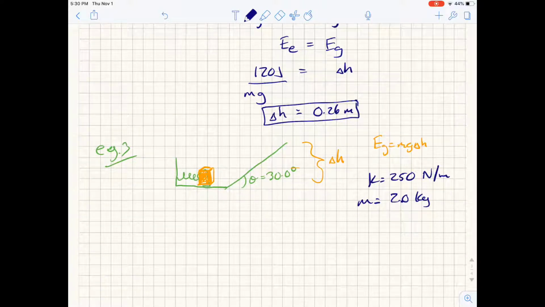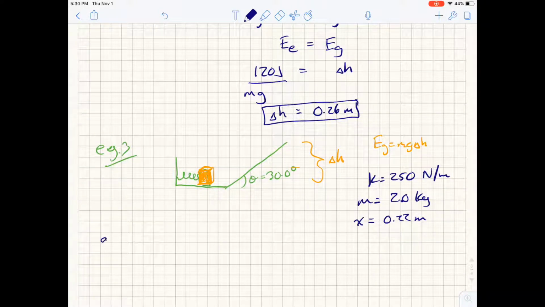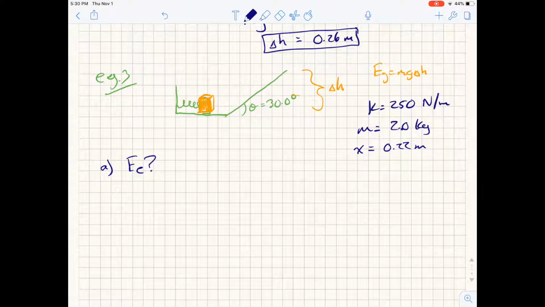And when this block is locked and loaded, it's compressed the spring, it's held. The X from equilibrium is 0.22 meters. So it's like a gun, it's locked, it's loaded, it's ready to shoot. And we're interested in A, what is the EE? How much energy is stored up in that block?